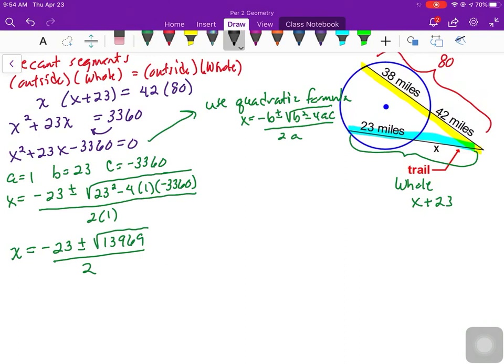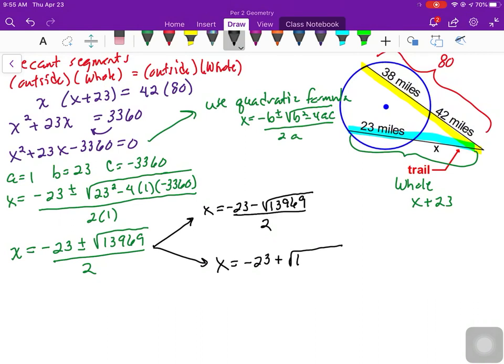And from this, we have two possibilities. It could be that we use the negative sign. So negative 23 minus the square root of 13,969, all of that divided by 2, or it could be we use the positive sign.